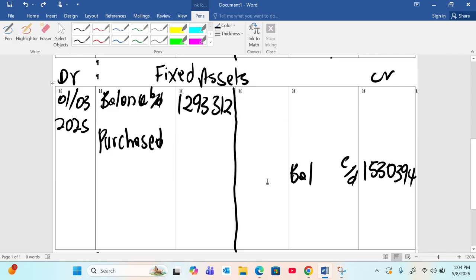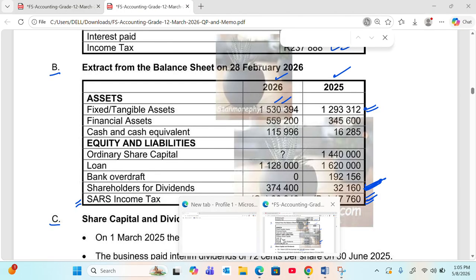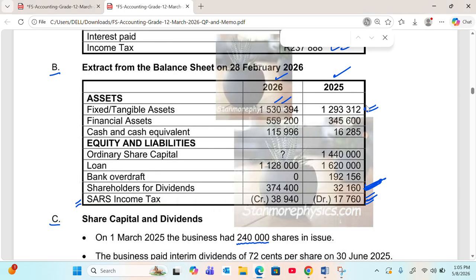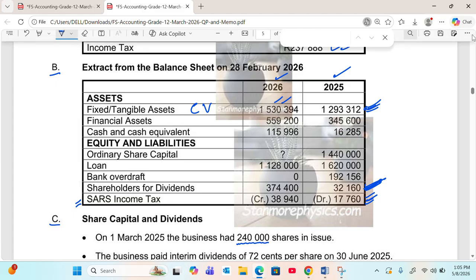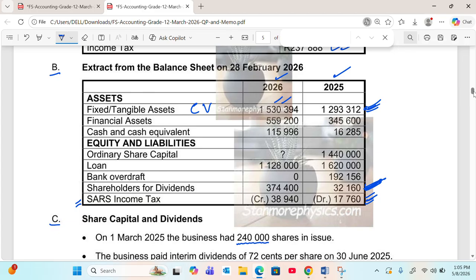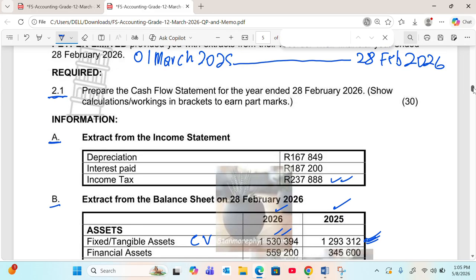Because if we are taking these figures, the 1,293,312, the opening balance, if it is on the balance sheet, it means the accumulated depreciation is already minused. All these figures that you have, they are at carrying value on the balance sheet, the opening balance and the closing balance. So on your side, what you need is the current year's depreciation to decrease our assets.